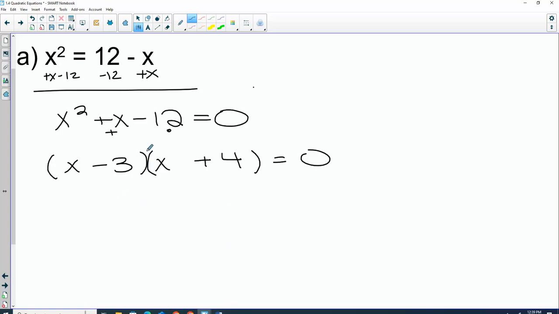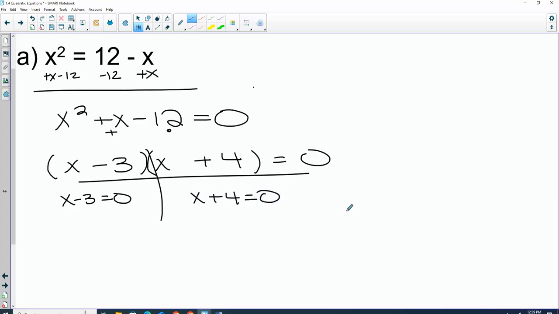Set them each to 0. You have to show your work for that. So you guys have to show as much work as you need. Okay, everybody's different. At the very least, I need to see that you brought everything to one side and that you factored it. But you can jump from that point and tell me the solutions, 3 and -4. You realize it's just the opposites. So that's totally fine if you skip some of those steps.